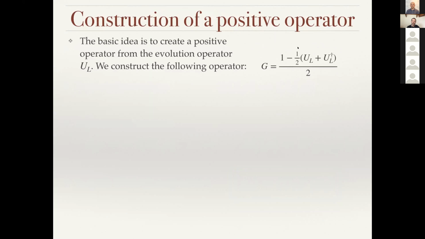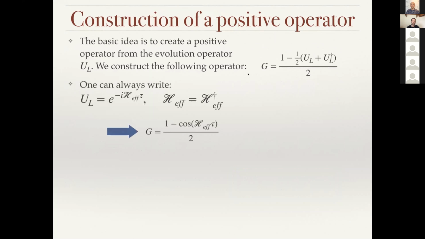And then what we did, it will sound a bit mathematical, but the essence behind our method is to take the evolution operator and also its Hermitian conjugate, and to build a positive operator from them. There are several ways of doing it, but this is probably the simplest one. This can easily be shown if we write the evolution operator as some exponent of some effective Hamiltonian, which is guaranteed to be Hermitian.